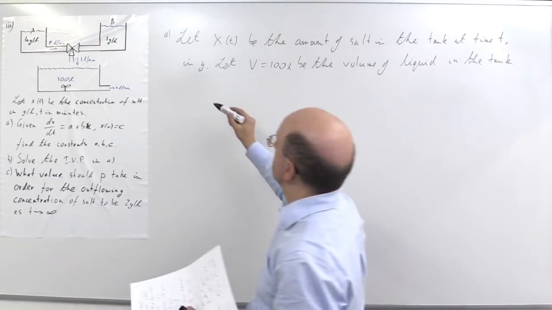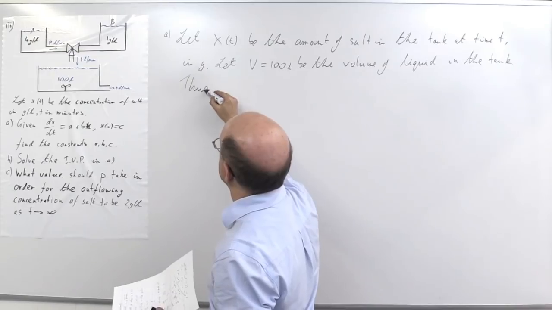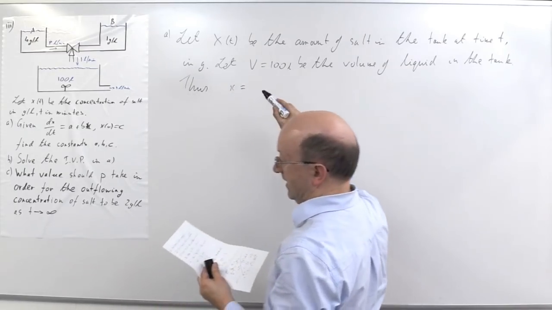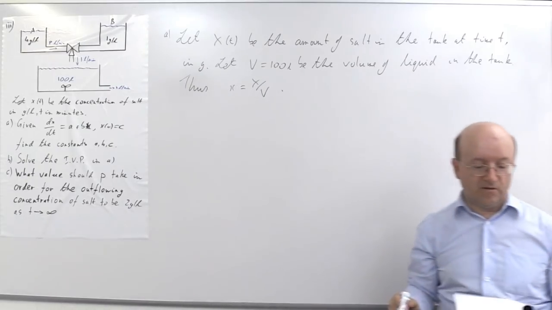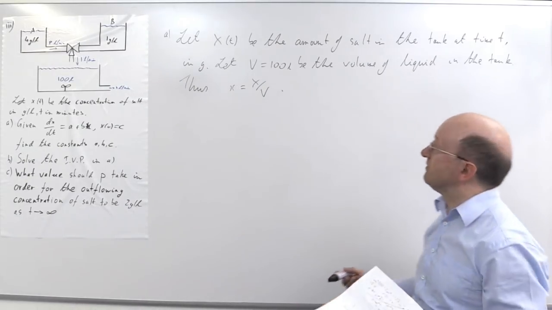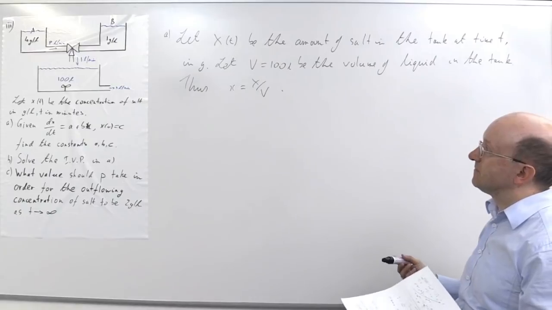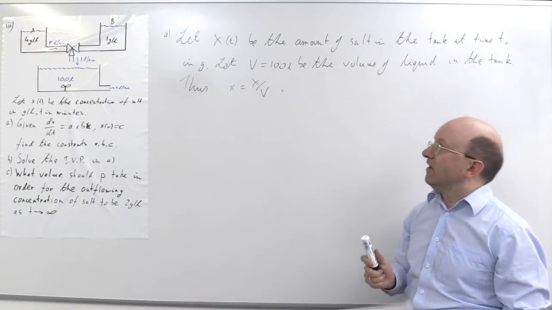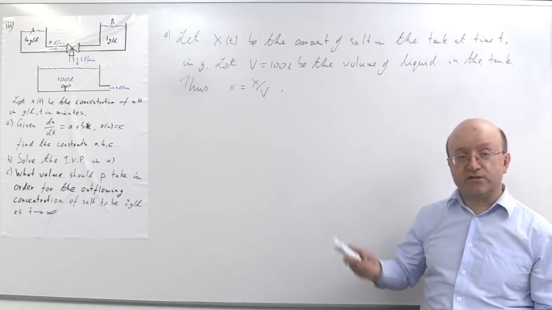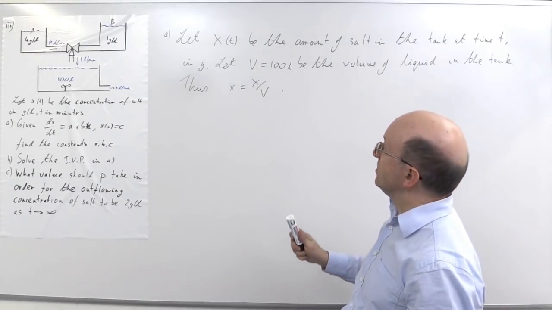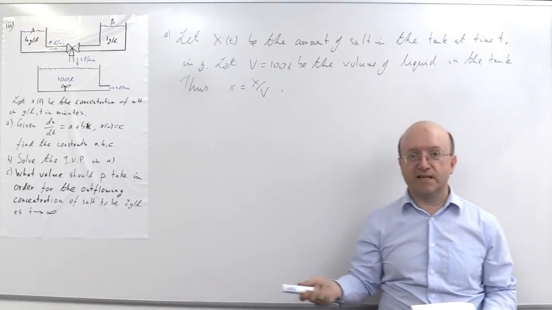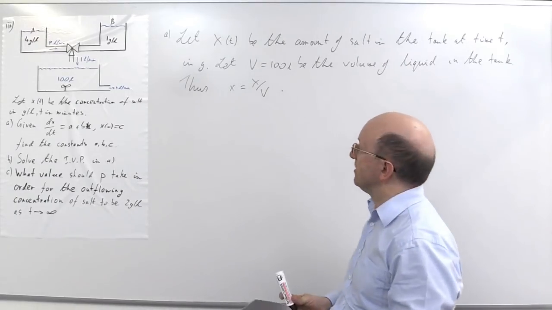Then it follows that the little x of the question is just big X over V. Well, big X is little x times V, whichever one is convenient at the time. All right. So what we now want to do is to look at, as the question suggests, the inflow and outflow of salt. And typically the rate of change of amount is the amount coming in minus the amount going out. It always is for these questions.